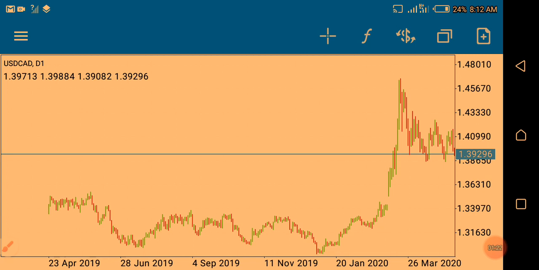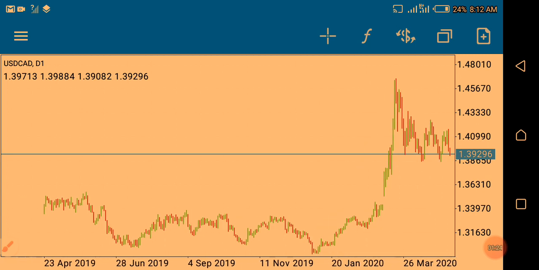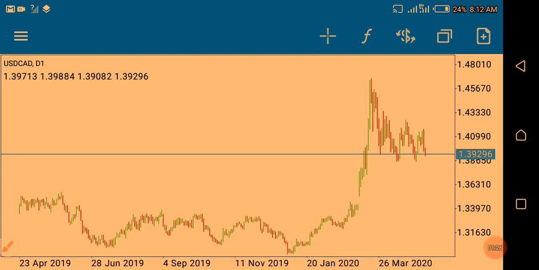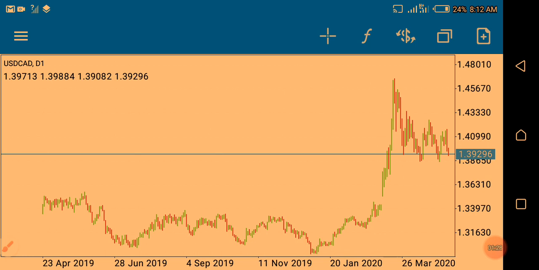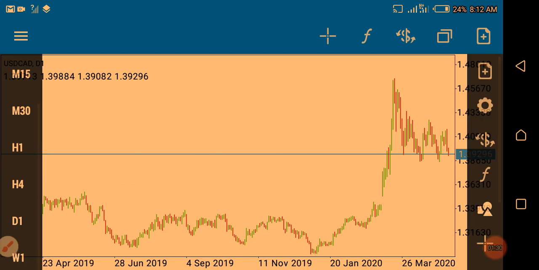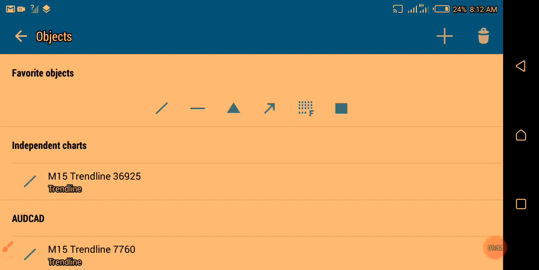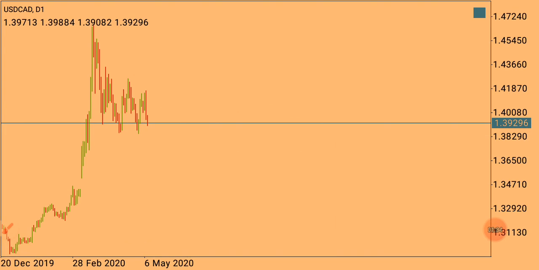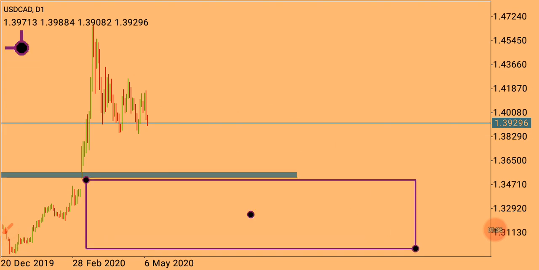From the previous market that's shown, it has been in a downward movement, and it did some funny things.